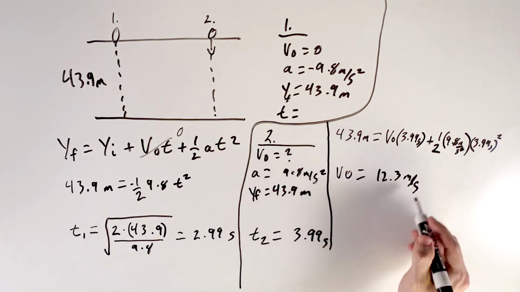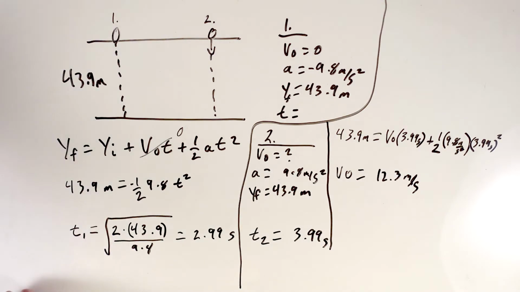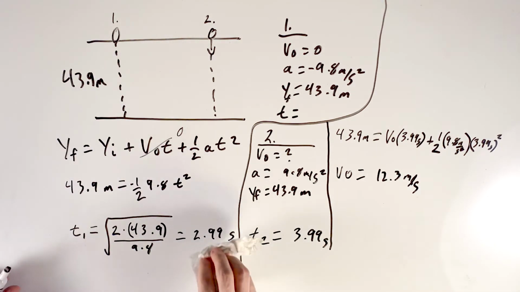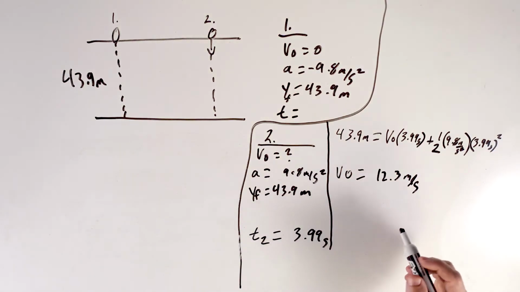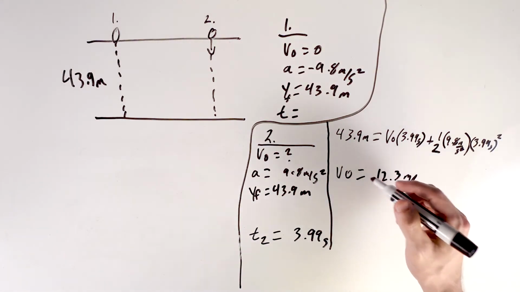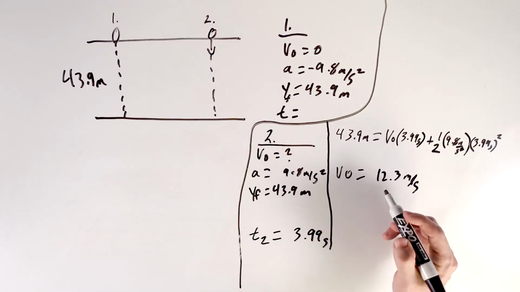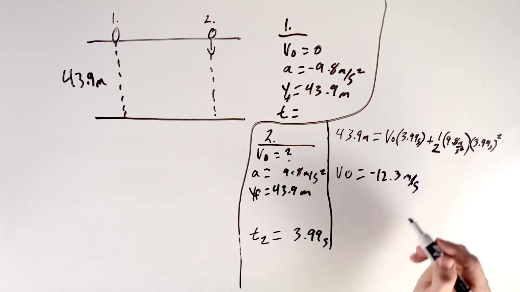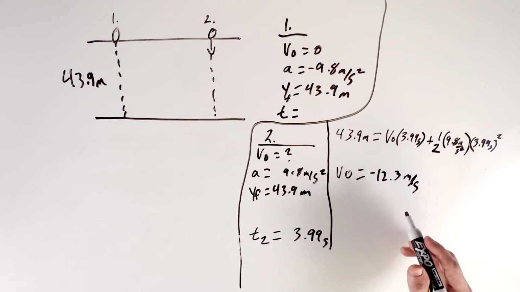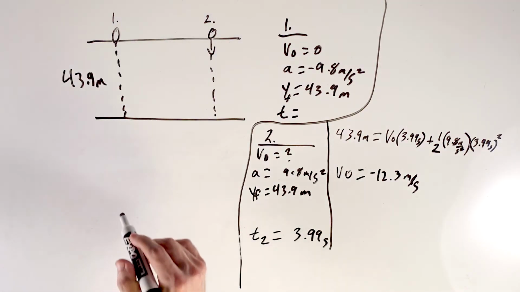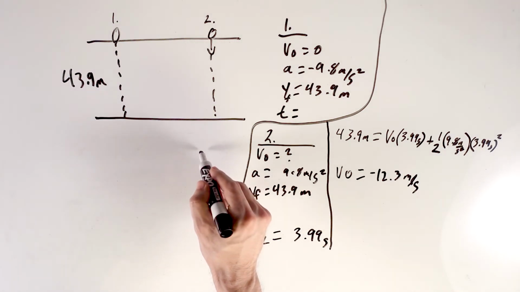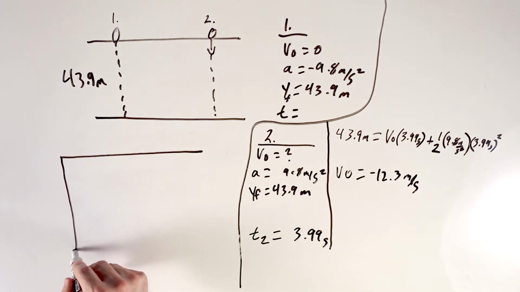Okay, so you have this information here. Technically the initial velocity, if you choose the coordinate system, is most likely going to be negative, just from the reference point of where it's starting. And then if we try to plot this, it's going to be in a negative direction.